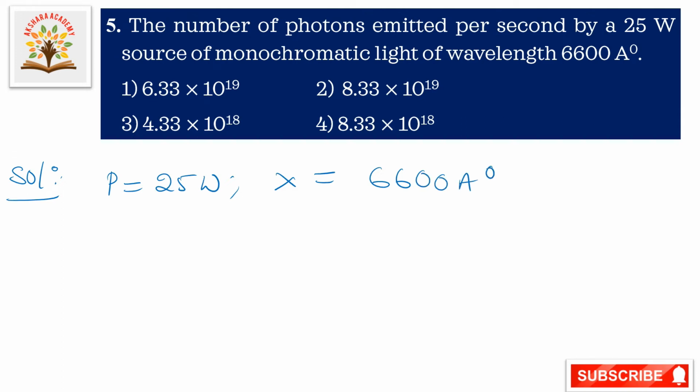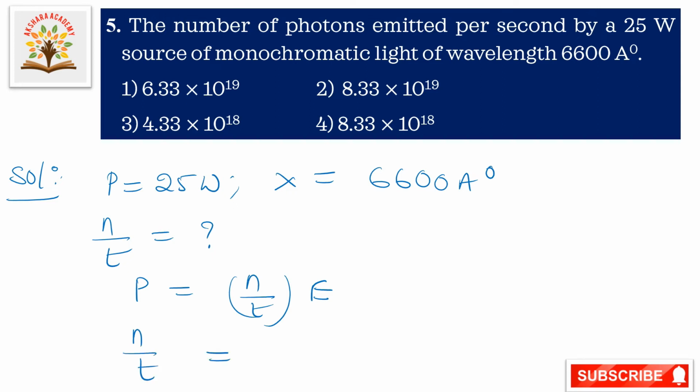We have to calculate the number of photons emitted per second, that is n by t equal to question mark. So P is equal to n by t into E. Now the number of photons per second n by t is equal to P by E.